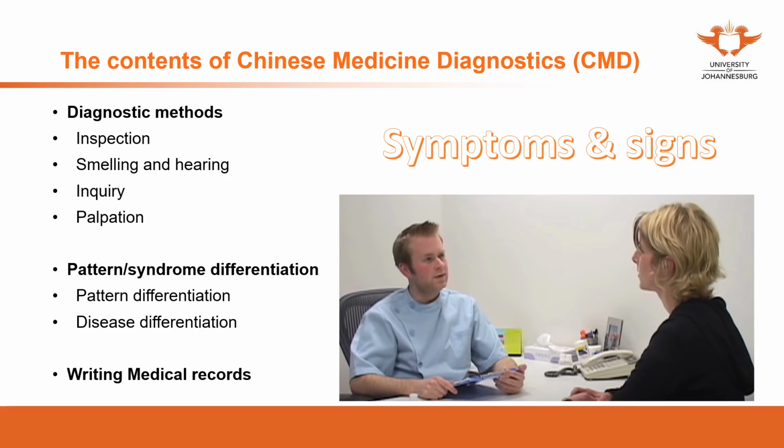The doctor feels the pulse, that's palpation. So as you can see from here, in order to diagnose, we need to identify the disease. But how to identify the disease? We need to gather the symptoms and signs from the patient.